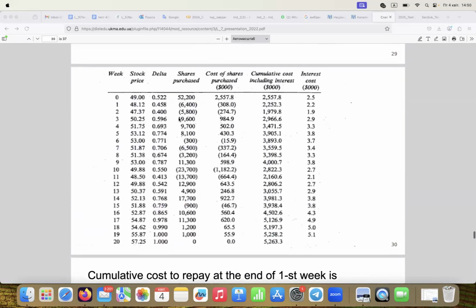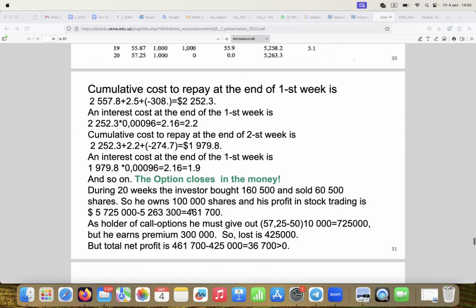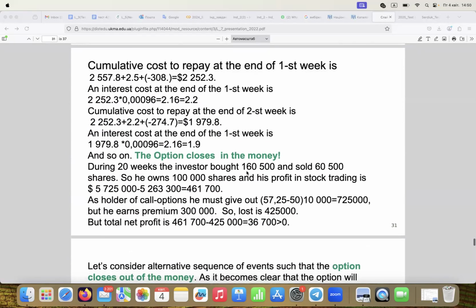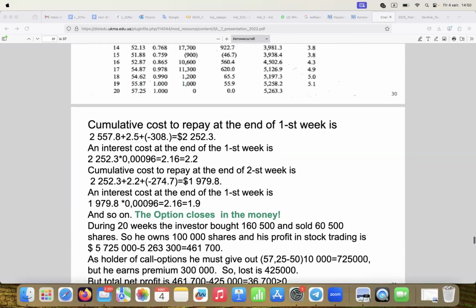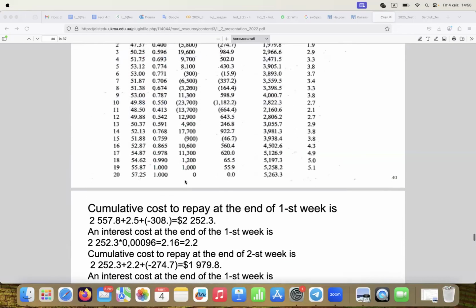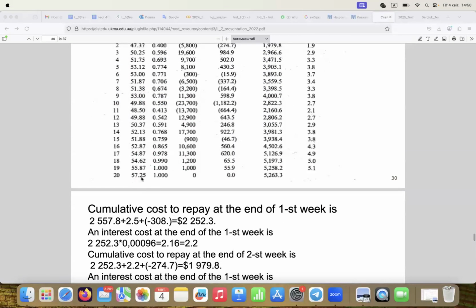We can just add with plus, without brackets, and after that add with minus, with brackets, and it will be that he bought this amount and sold this amount of shares. So at the end he owns 100,000 shares, and the price is 57.